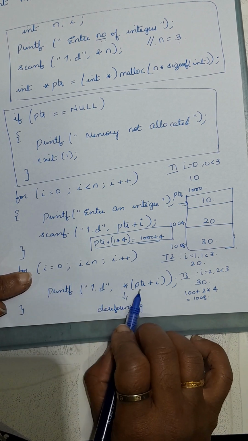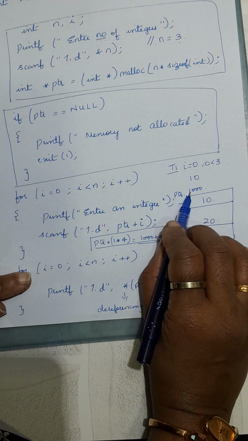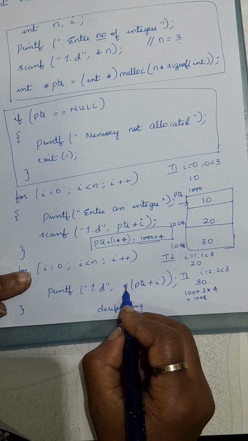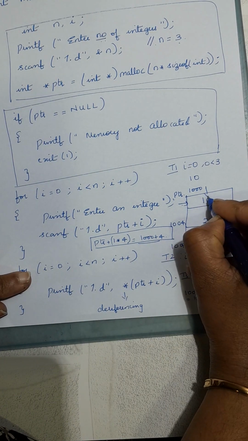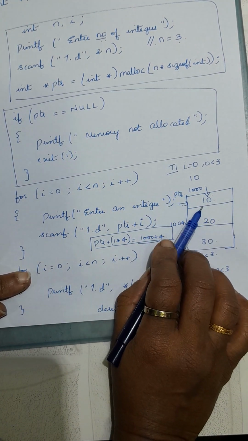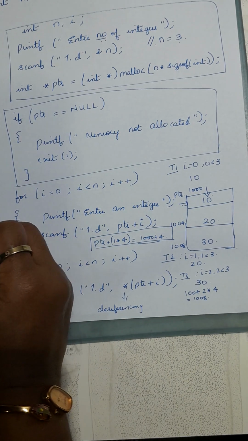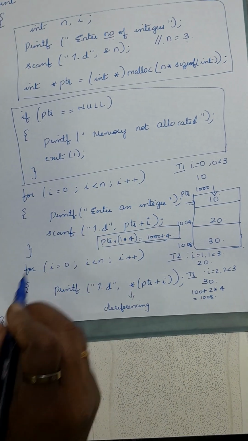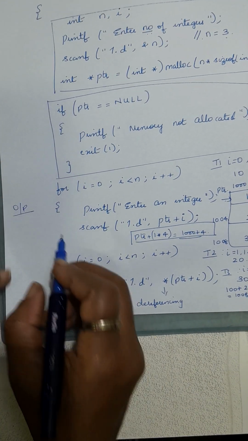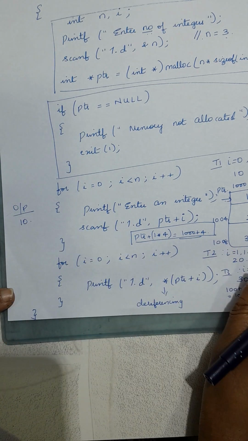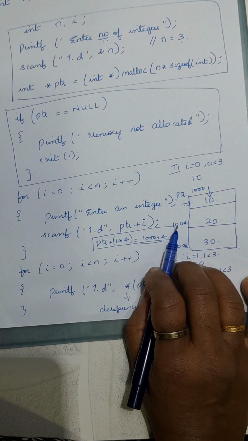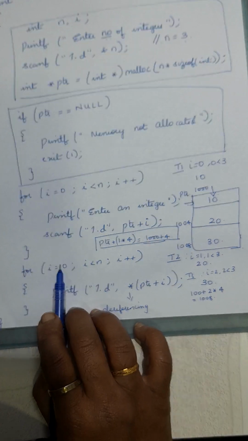When i was equal to 0, it's 1000 plus 0. It will go to 1000. Since it is star dereferencing, it fetches the value that is stored within address 1000. So I'll get 10.